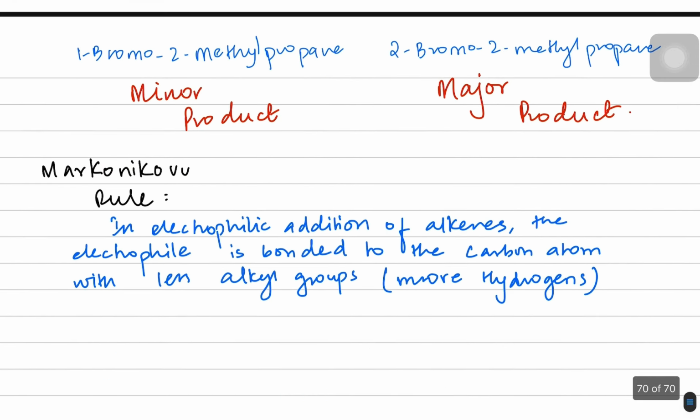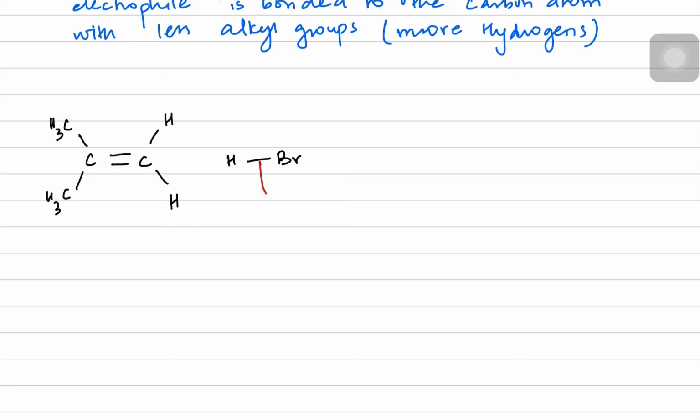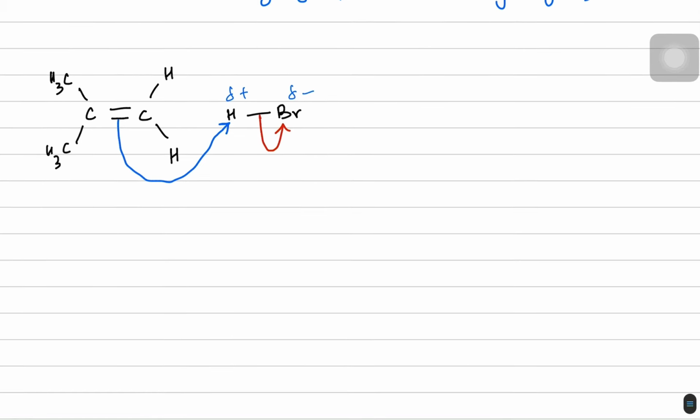I know the concept today was very tricky. We'll really quickly revise this concept here. We started with an asymmetrical alkene, which looked like this. Then we made the heterolytic bond fission between HBr using the partial positive and partial negative charges. The carbon donated the electron pair to the hydrogen. That was step number 1.